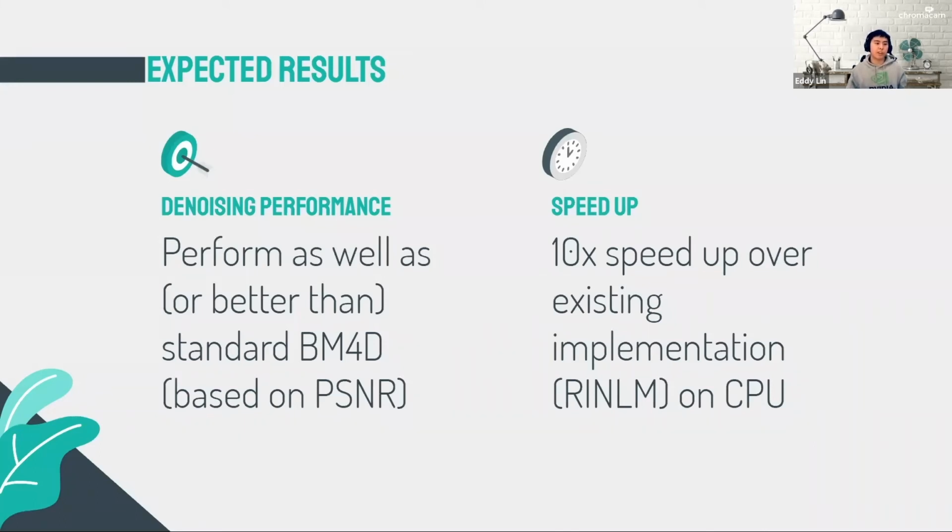Does it do better than the BM4D based on the PSNR gains? Second of all, does it speed up compared to the CPU implementation that we talked about, rotationally invariant non-local means, given by Professor Bartasaghi and Alejandro Silva? What we are hoping for is at least a 10 times speed up.